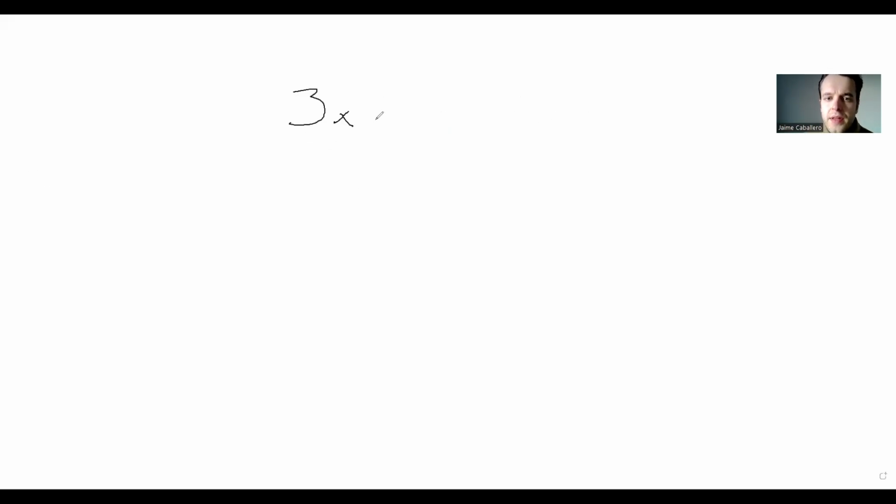3x in math simply means we are adding x to itself 3 times. Because that's what happens when we add a number to itself 3 times: we're just multiplying it by that number.